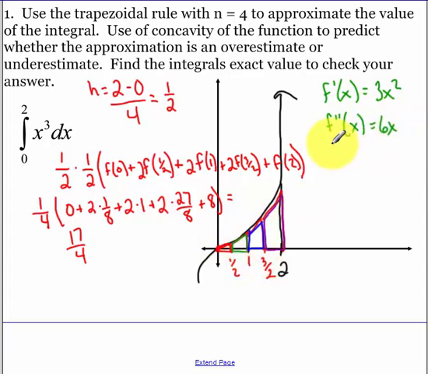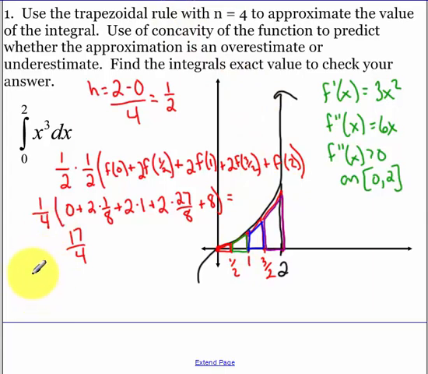On that interval, f double prime of x is greater than 0 on our interval from 0 to 2. Technically, it's equal to 0 there, which means we are concave up, which is going to be an overestimation. So my curve is actually drawn really poorly down here. I was drawing them underneath. They should have been drawn above.